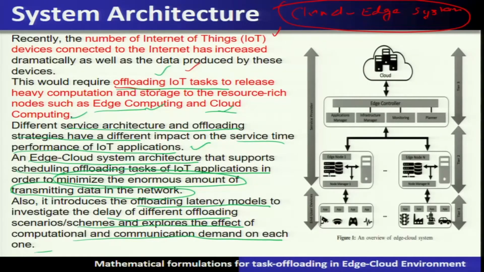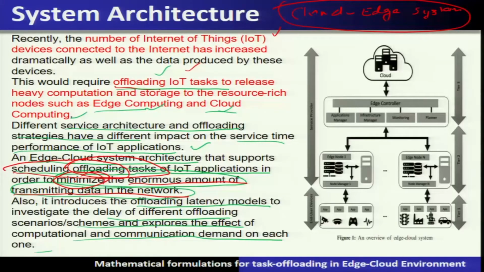That means, let us summarize what we mean by this particular architecture that can support scheduling offloading tasks of IoT applications with the objective to minimize this enormous amount of transmission in the network.